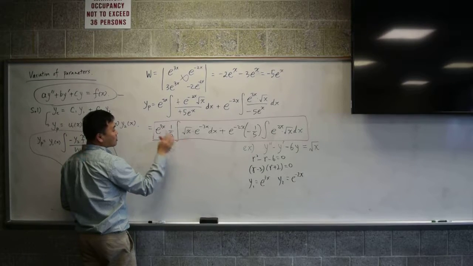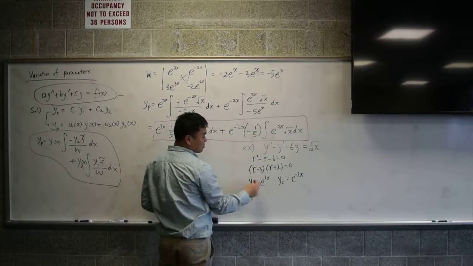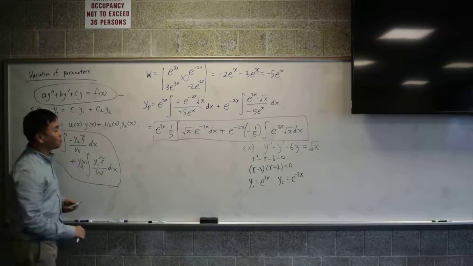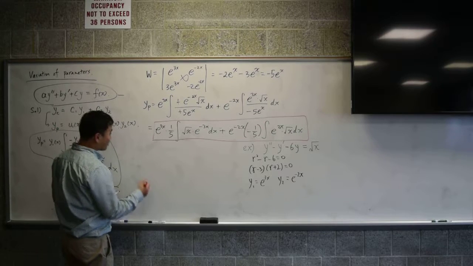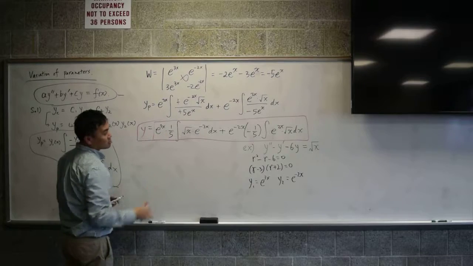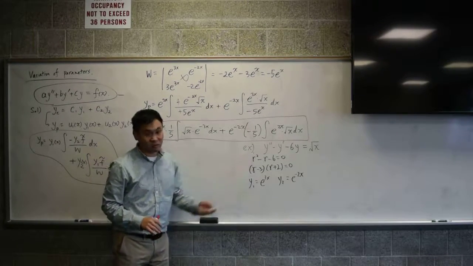So you have c1 times e to the 3x plus c2 times e to the negative 2x, which contains the complementary solution. So not only can you say that this is your particular solution, but you can just say that this is the entire solution of this given differential equation.